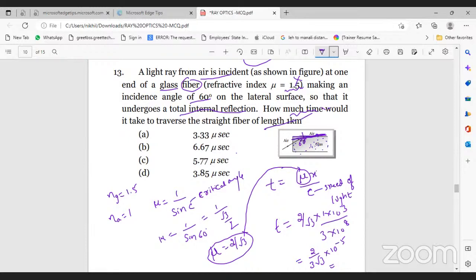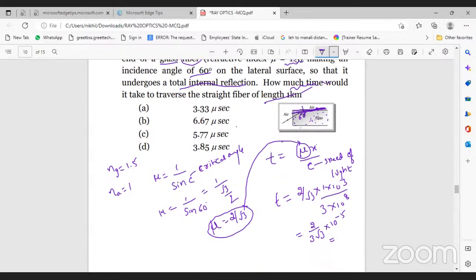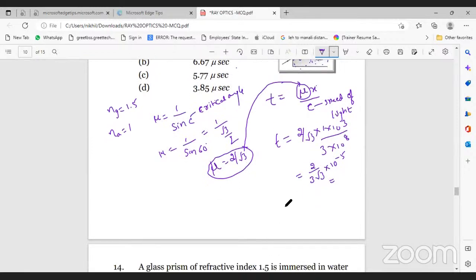Do an approximate calculation, no issues. 2 divided by 3 root 3, which is 3 into 1.73, right? So what is 2 divided by 3 into 1.73? 3 3s are 9, 3 7s are 21, so 5 point something.